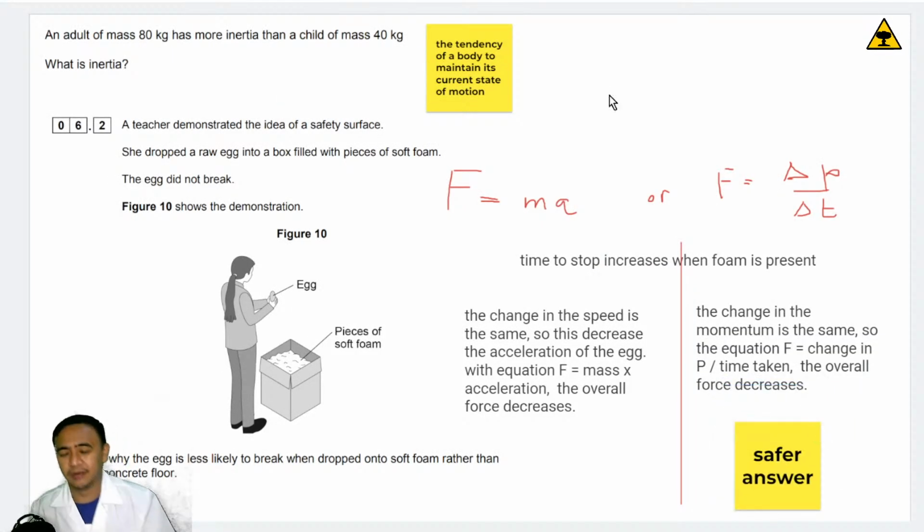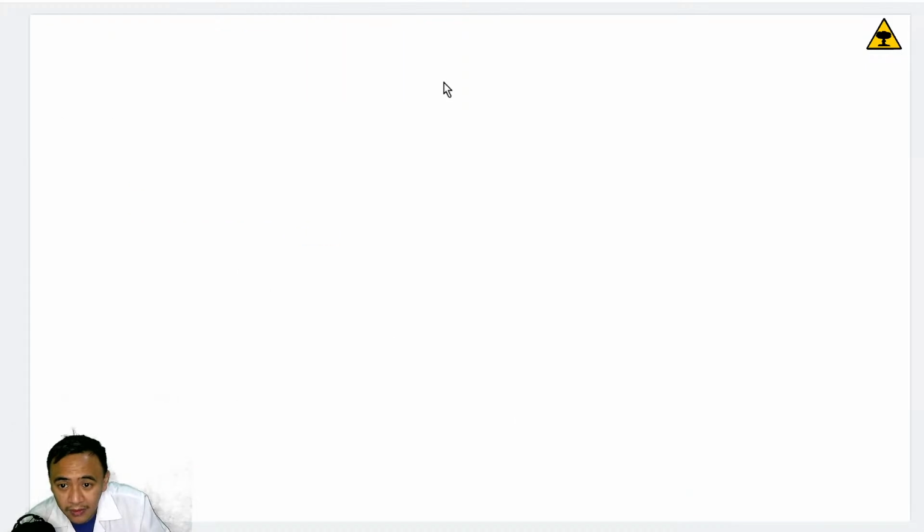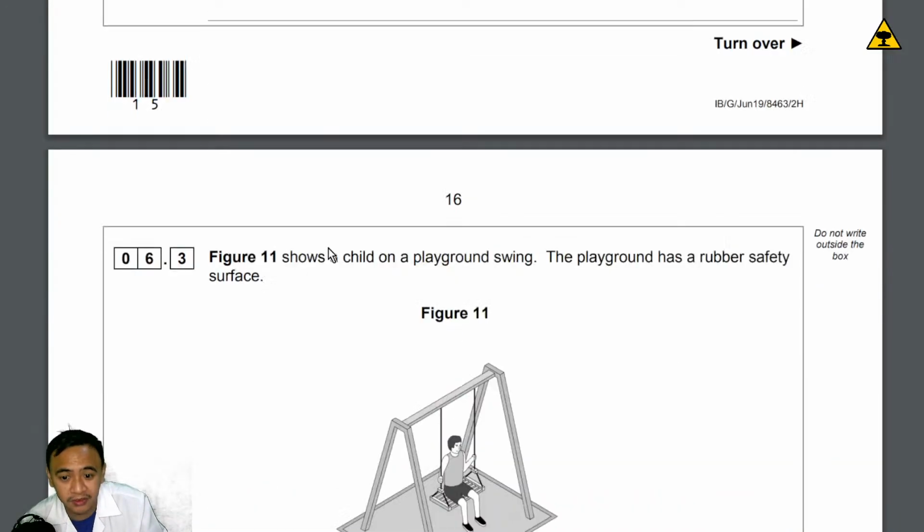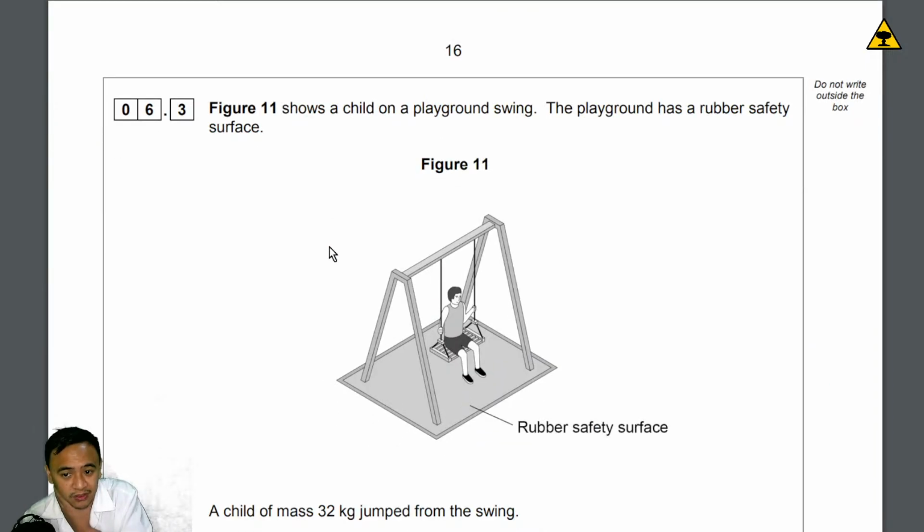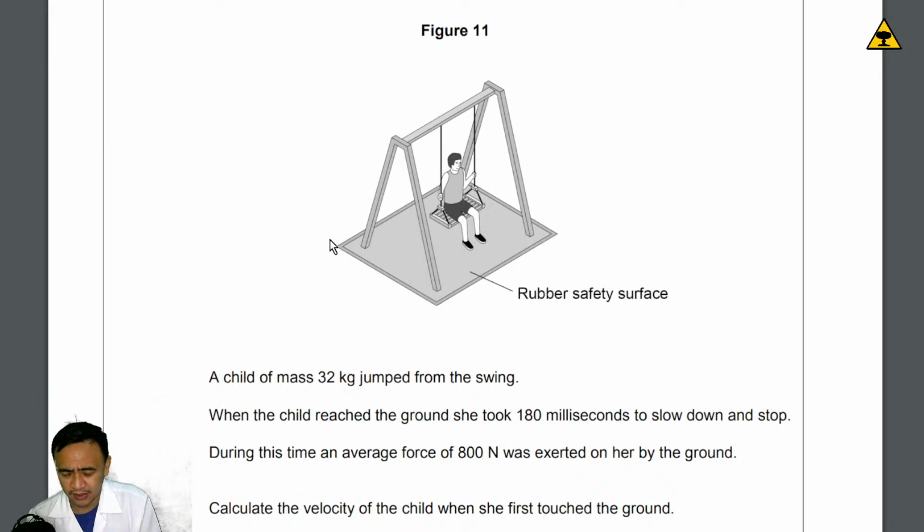Okay, I'm just writing that down. Okay, next question here is, you now have a child on a playground swing which has a rubber safety surface. A child of mass 32 kilograms jumped from the swing.